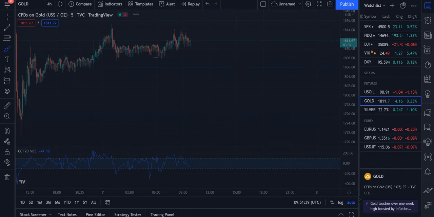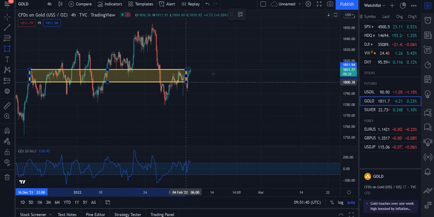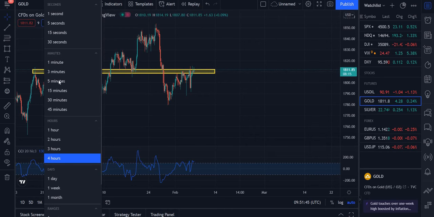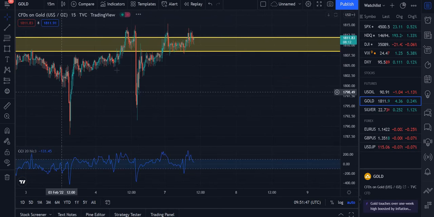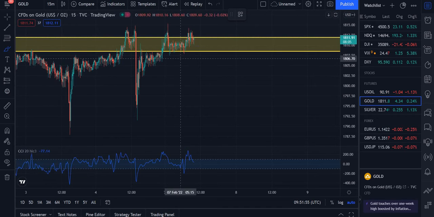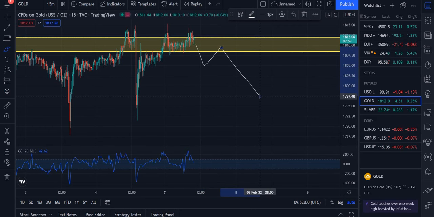So on the 4-hour chart, what we're looking for is the rejection of something that we saw here previously, and now going down to the 15-minute chart it would be something like this, where we see this kind of move and then go lower. So this is what I'm looking out for here. Checking the gold market.